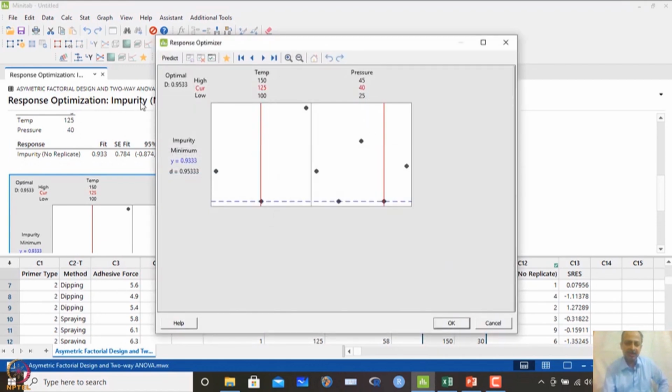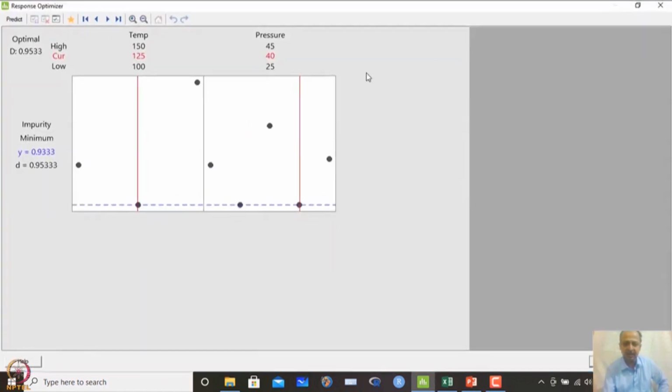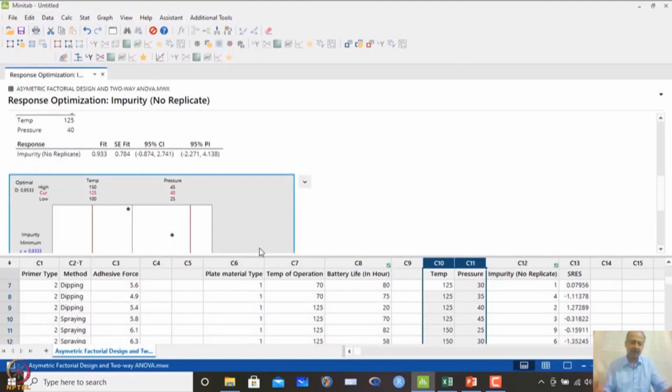The red highlights that you are seeing over here are the best combination MINITAB has figured out, and it will give you a y value of approximately 0.9333. That is near to 1, so we can assume impurity is less. So MINITAB, using the search algorithm, will give you some best condition like that.